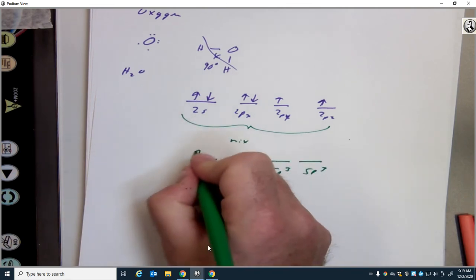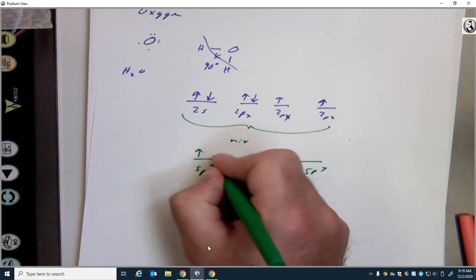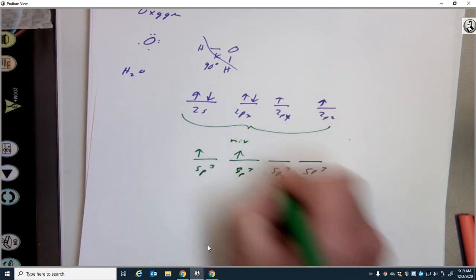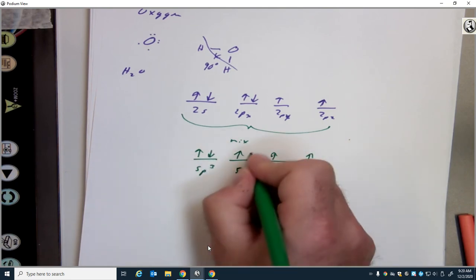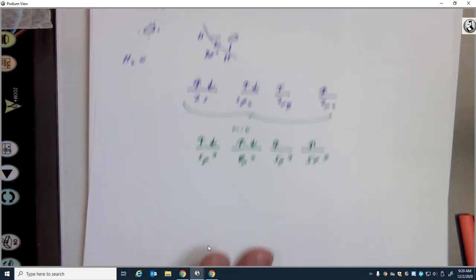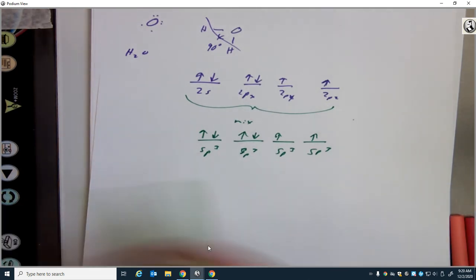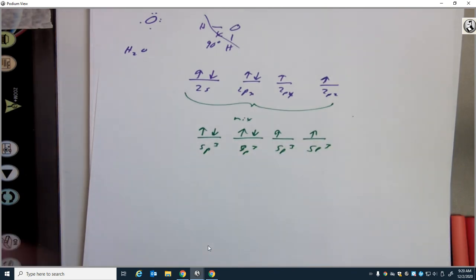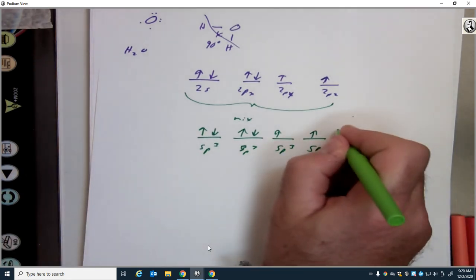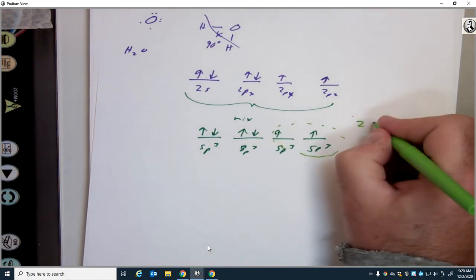And we have 1, 2, 3, 4, 5, 6 electrons still in here. So now we have 4 domains. These are the 2 that it's going to make bonds in.